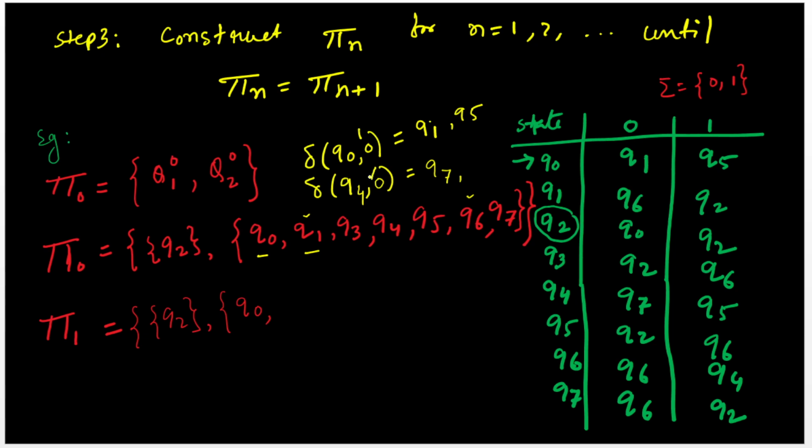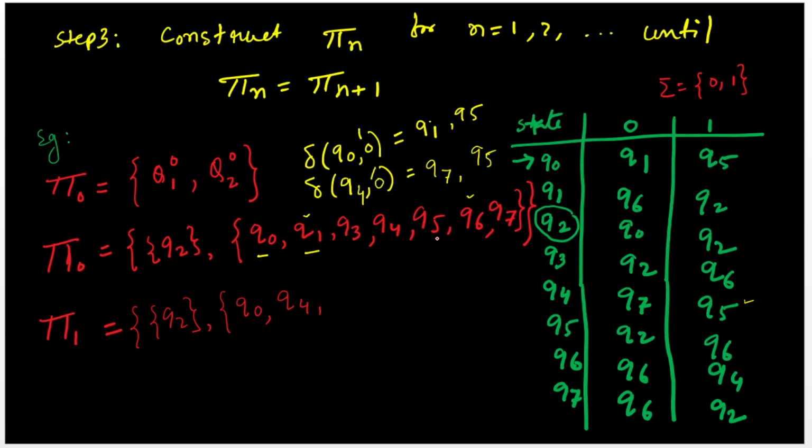Now if we take input 1, Q4 gives you Q5, so obviously Q5 is in the same equivalence class. So Q0 and Q4 will be in the same class of pi 1. Q4 will go into the same subset.